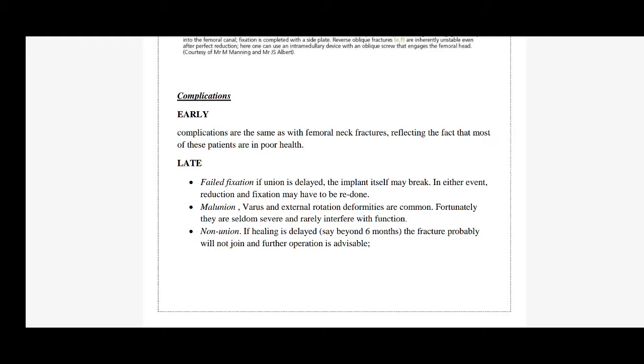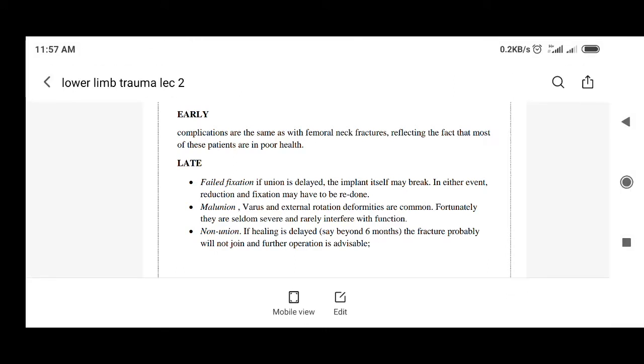So the complications are failure of the fixation, malunion, especially varus and external rotation, and non-union. Even though it is rare, it may occur, especially if fracture healing is delayed more than 6 months. That is all, and thank you.